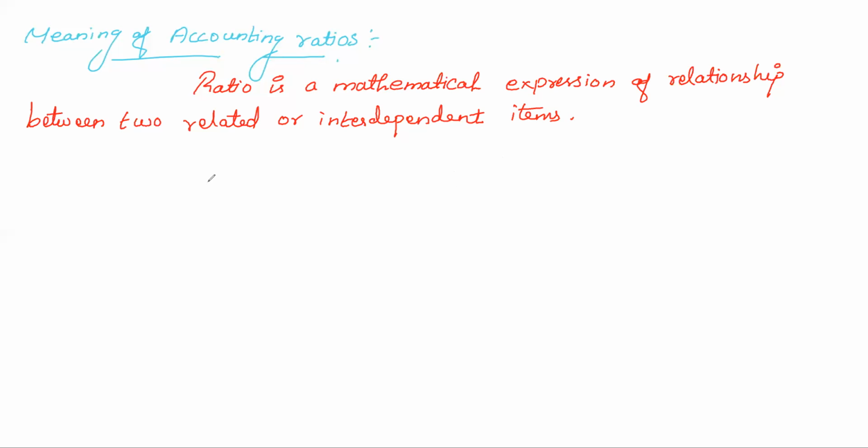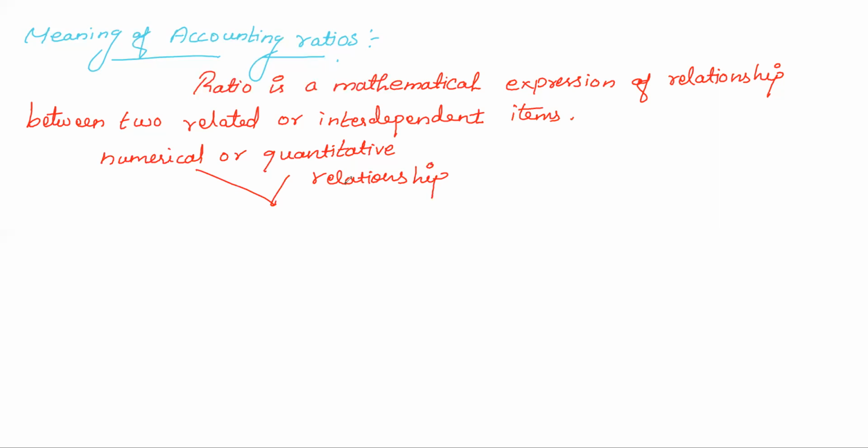So the ரெண்டு ஐட்டம்ஸ்க்கு என்ன ரிலேஷன்ஷிப் இருக்குமா? Numerical or quantitative relationship. Okay, so it is calculated by dividing one item by the other related item. That's all.